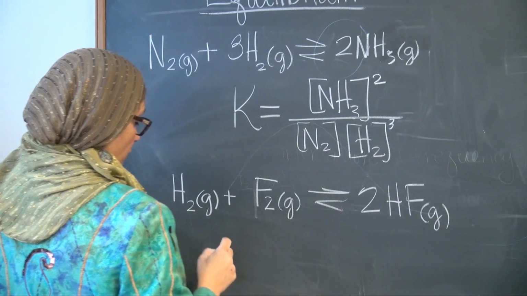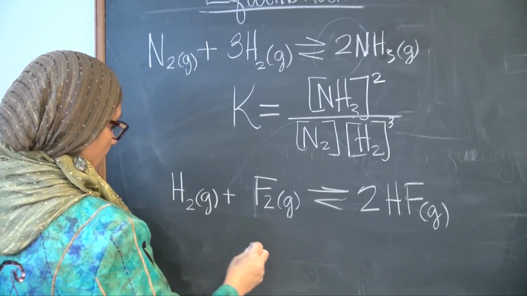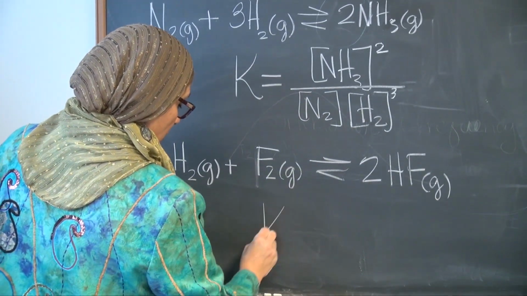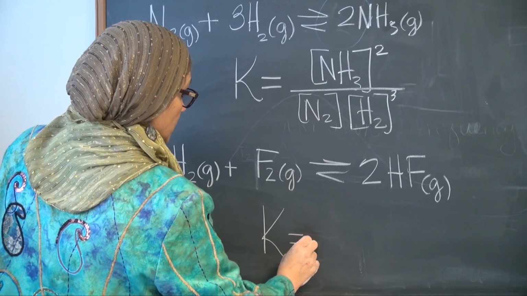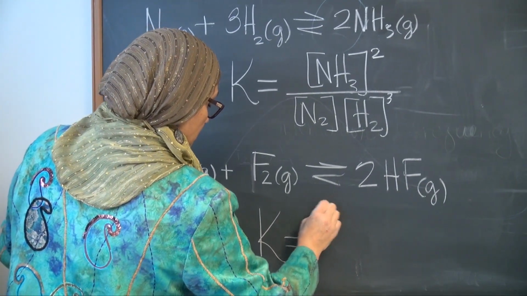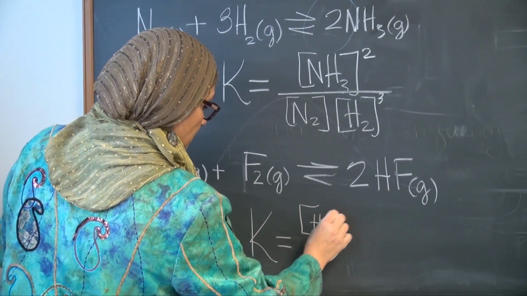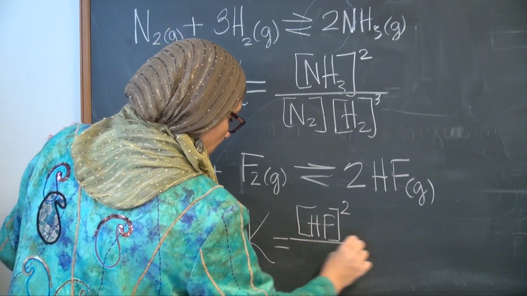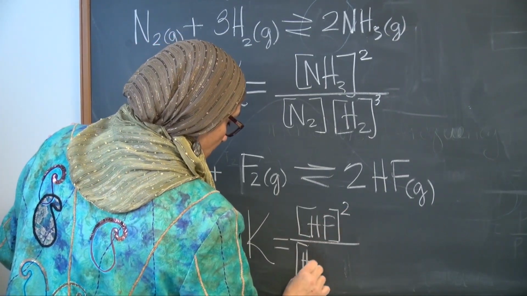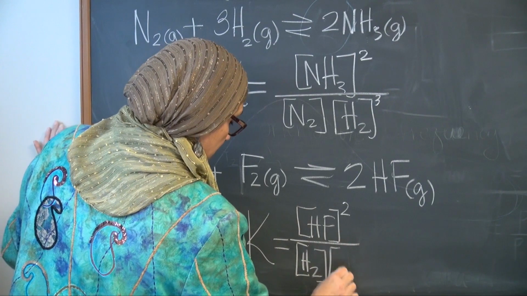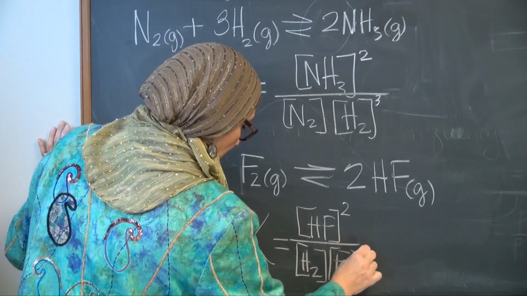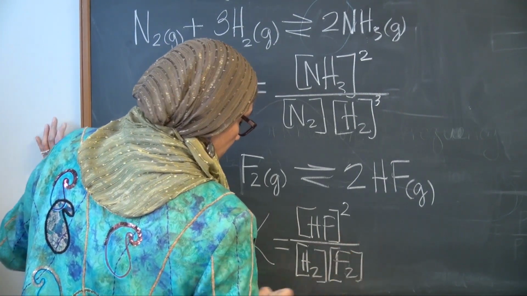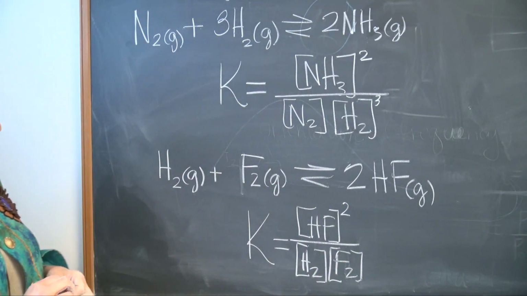Okay, and for the second reaction, we have K is equal to the products, which is HF, and we have 2 moles, so it's squared, divided by the concentration of hydrogen times the concentration of F2.